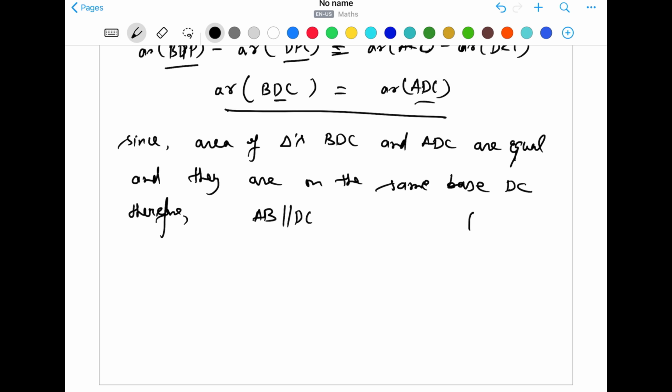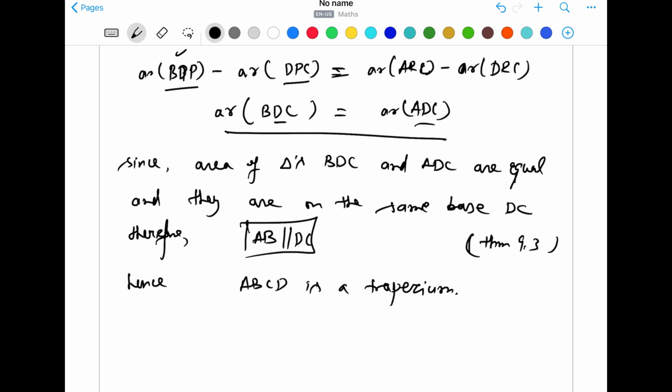This is by theorem 9.3. Hence ABCD is a trapezium.